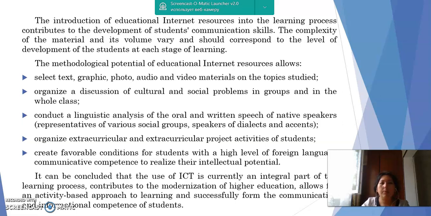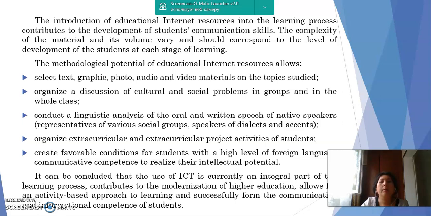The methodological potential of educational internet resources allows us to select text, graphic, photo, audio and video materials on the topic studied, organize a discussion of cultural and social problems in groups and in the whole class, conduct a linguistic analysis of the oral and written speech of native speakers, organize extracurricular and project activities of students, and create favorable conditions for students with a high level of foreign language communicative competence to realize their intellectual potential.